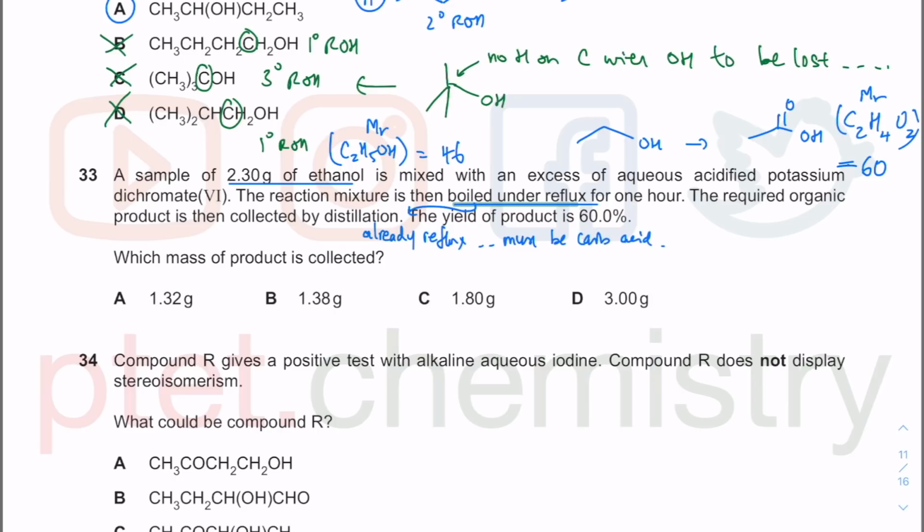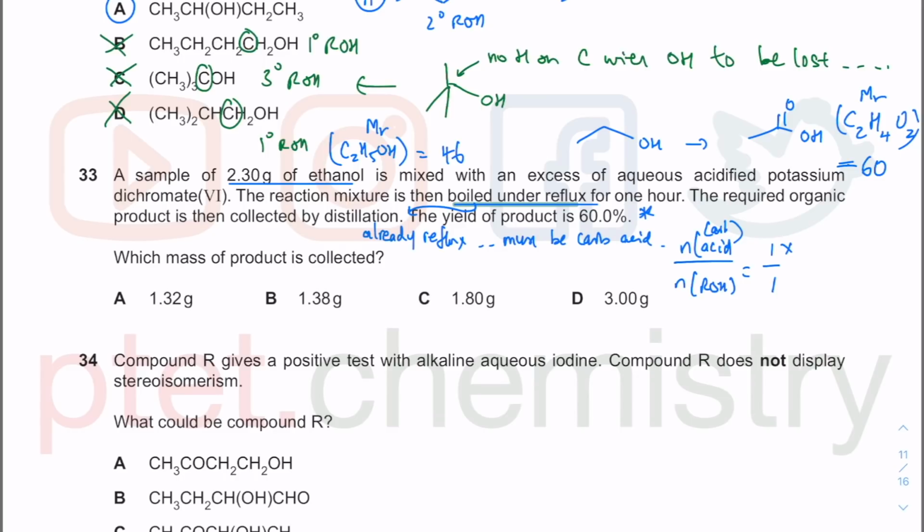Now the yield of product is 60%. This is important. In your balanced equation, 2 carbons give you 2 carbons. So the mole of the carboxylic acid to the mole of the alcohol should be 1:1. But 60% means 1 mole of the alcohol will only give you 60% of 1 mole.